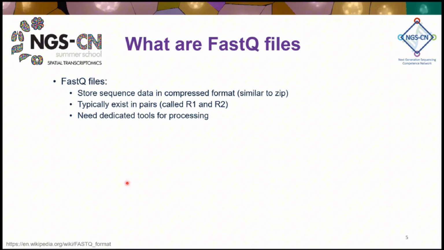You cannot open a FASTQ file in a text editor and have a look at the sequences. It probably also wouldn't tell you much. Just because of the size, you need tools that can process the data, and you will probably also need the computing power.